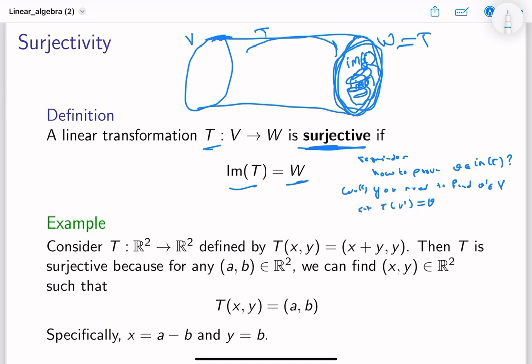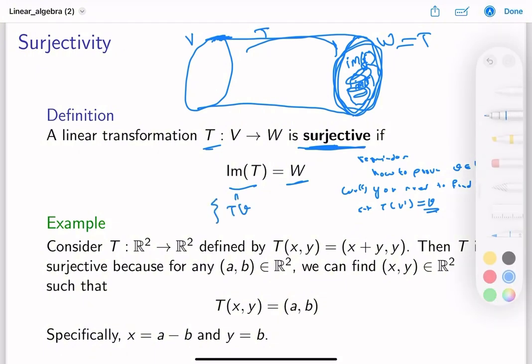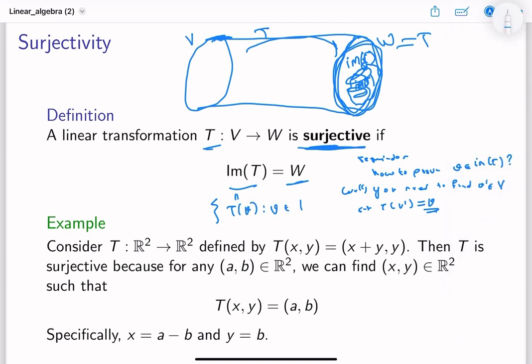If you can find such a vector, then you get that v is in the image, because recall the image is the set of all vectors T of v as v ranges over the domain V. So this is what we have.